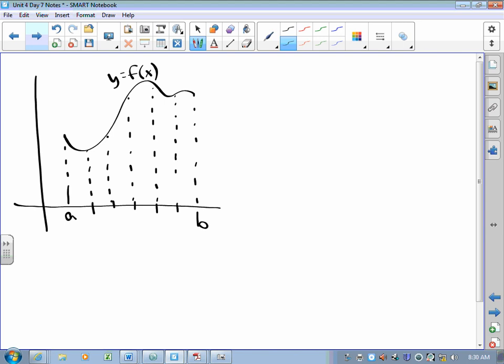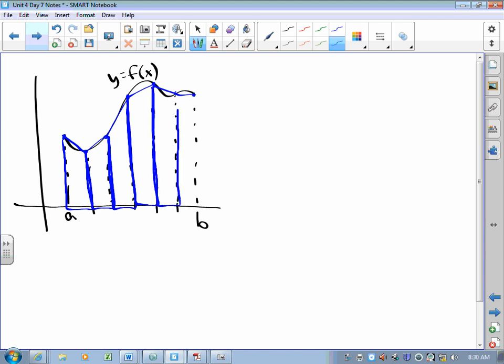But instead of using rectangles to approximate the area, we're going to take all of these y values, all of these points on the curve, and we're going to connect them with straight lines. And if we connect them with straight lines, then the shapes that we get are trapezoids.